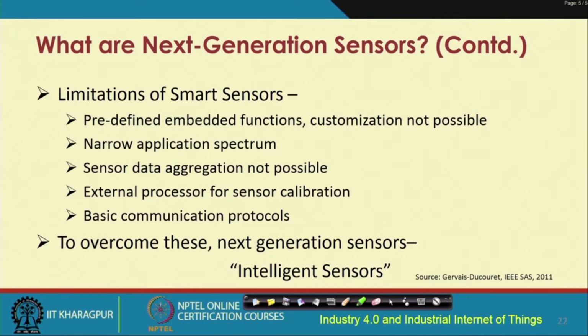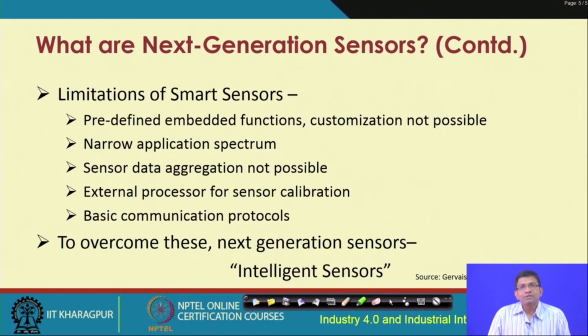But these smart sensors have severe limitations. They have predefined embedded functions that cannot be used for certain customized scenarios. So, you have to customize them based on certain requirements, and that makes it difficult for use in real life industry scenarios. Narrow application spectrum is the second limitation.